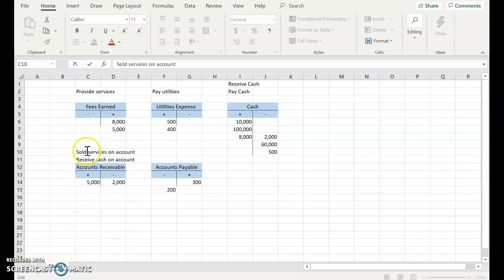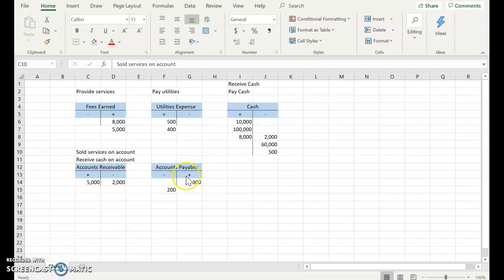So we expect to see transactions like sold services on account, where the accounts receivable would go up, but we also expect to see transactions where we receive cash from the customer on their account and the accounts receivable would go down. That just means that our customer has paid us.